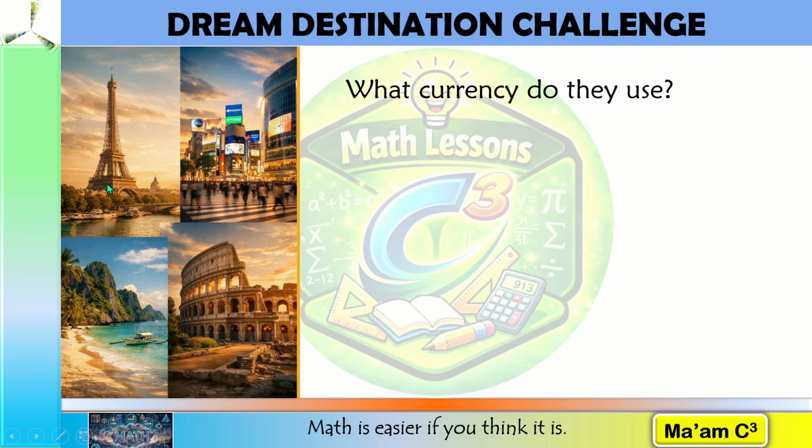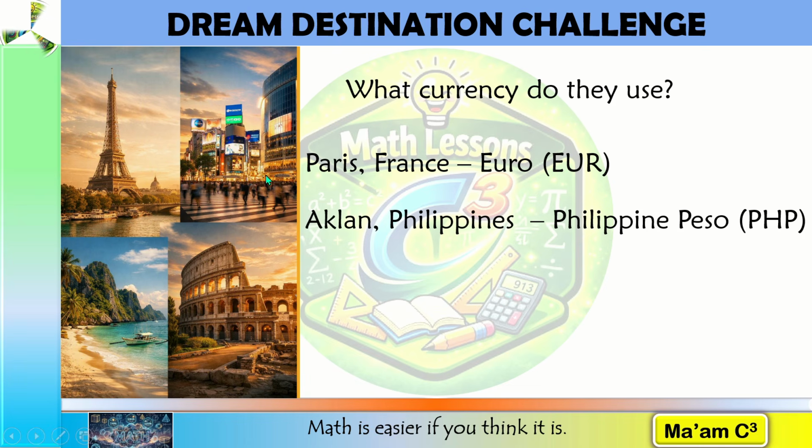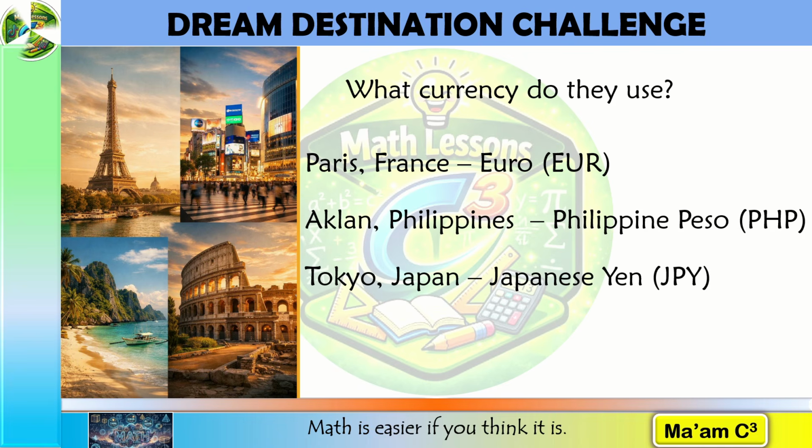In Paris, France, the currency is euro, abbreviated as EUR, all capital letters. In Aklan, Philippines, we use the Philippine peso or PHP. In Tokyo, Japan, the currency is Japanese yen or JPY. And in Rome, Italy, the currency is also the euro or EUR. How many did you get right?